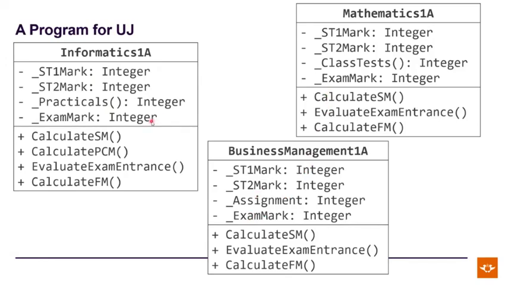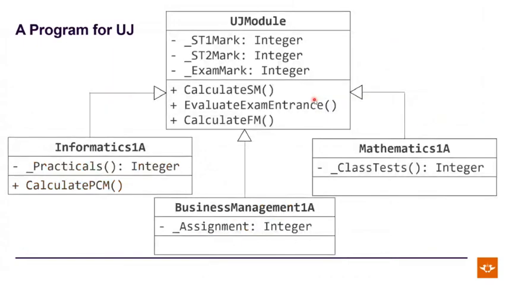Those are the common ones. Then if you look at our methods, we have calculate SM, calculate FM, and calculate exam entrance. So those are our common attributes and common methods. We can take them and form a base class with the common qualities, and then have the inheritance linking up.